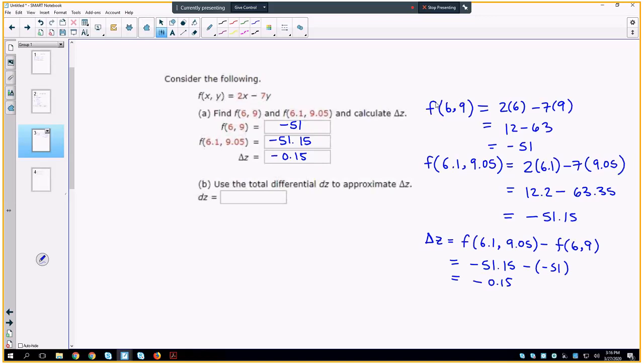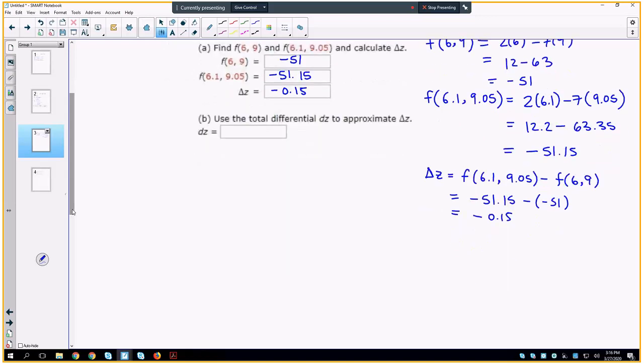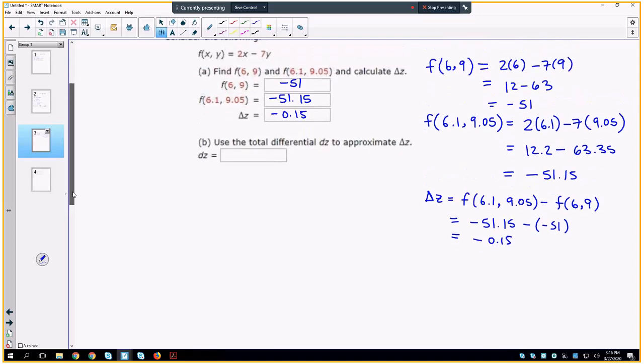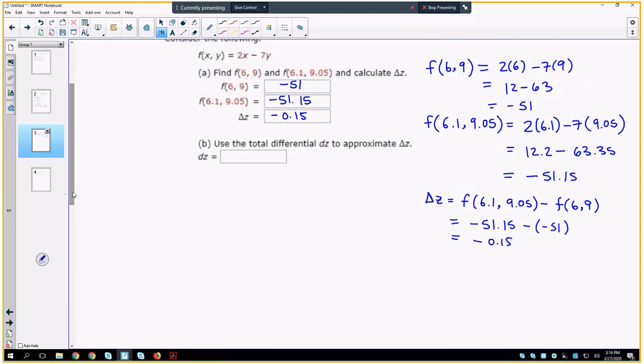Then in part B, the problem asks us to use the total differential dz to approximate delta z. So let's first find the total differential. Remember, our function is 2x minus 7y. So dz is going to be del f del x, or we can say del z del x, times dx plus del z del y times dy.